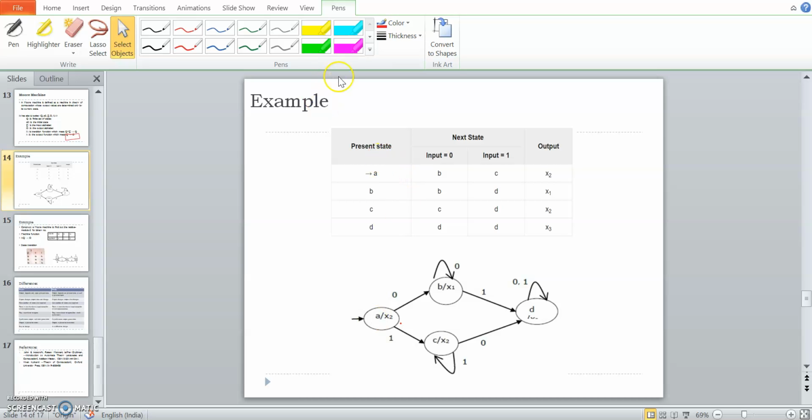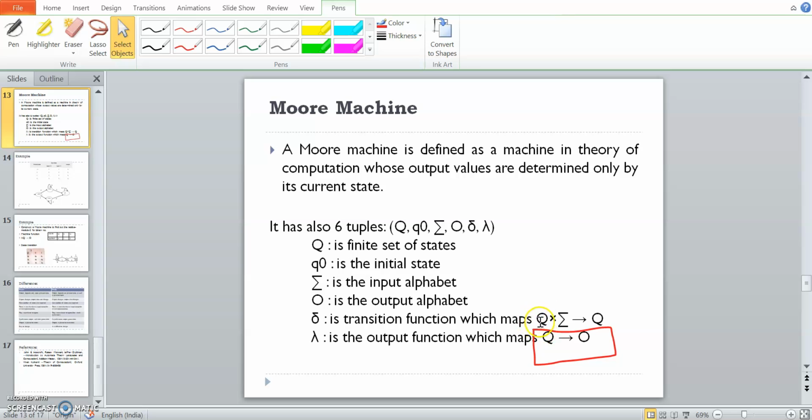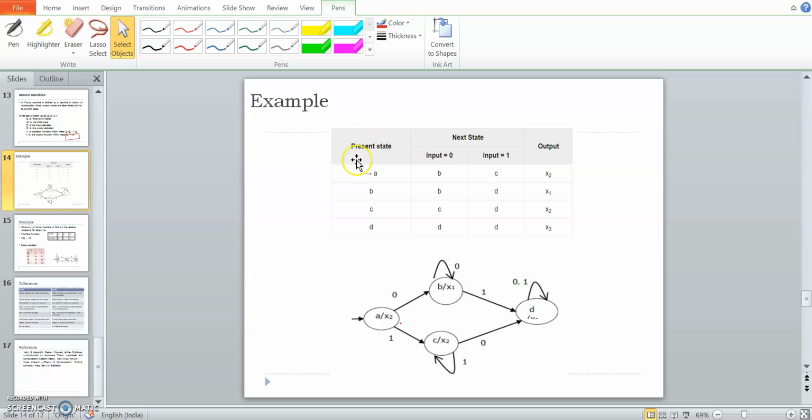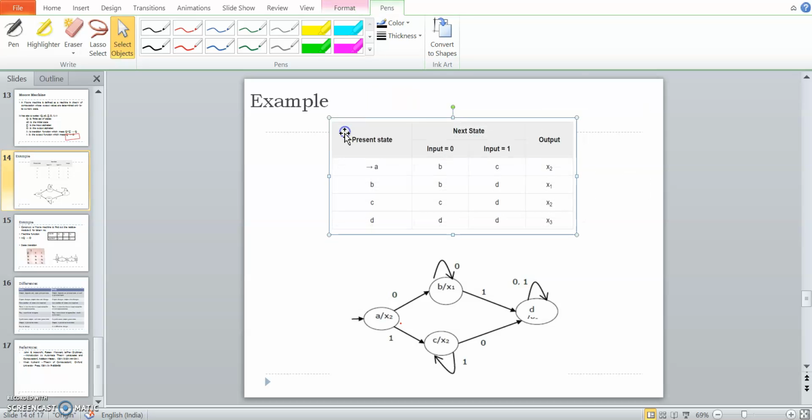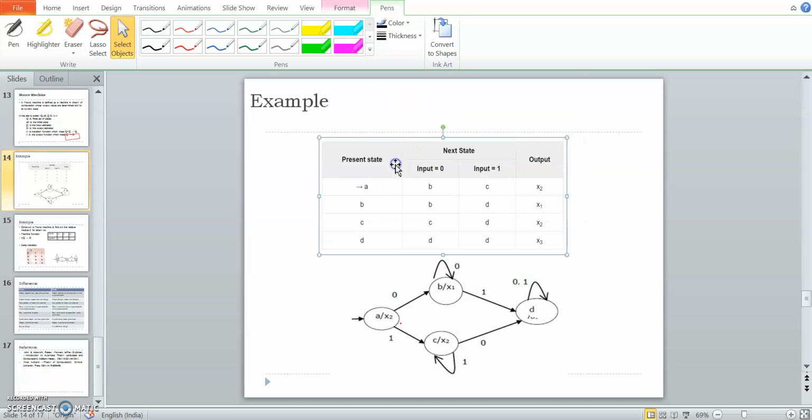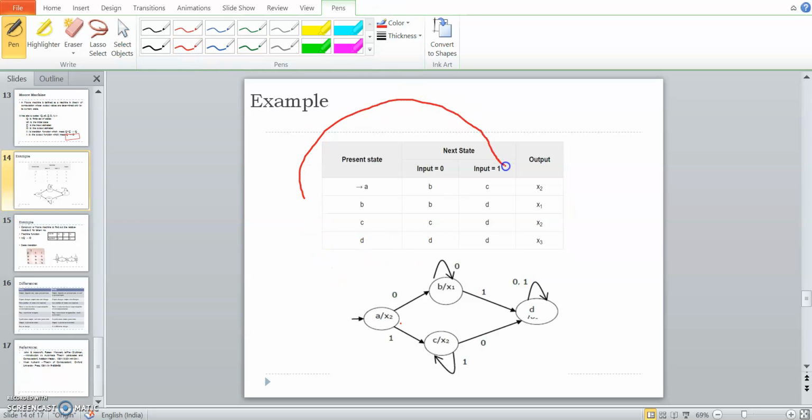Now if you observe, as per the definition, the transition function takes a particular state and the input symbol read, and gives the next state. So in this matrix, present state, what is the next state on reading the input? This part talks about the transition function, that is delta.